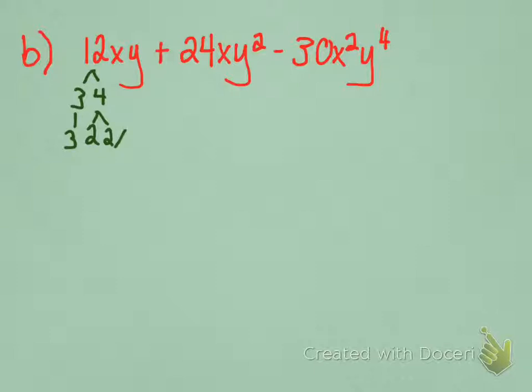Then you have 1x and 1y. Then you're going to break down 24. 24 is 6 and 4. 6 is 2 and 3. 4 is 2 and 2. Then you have 1x and 2 y's.